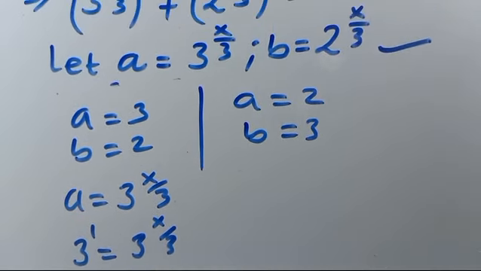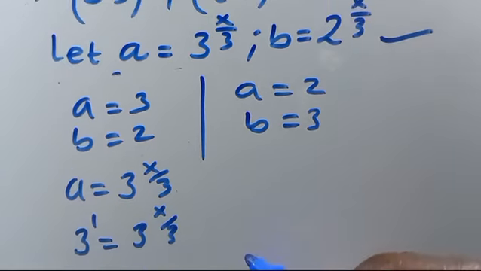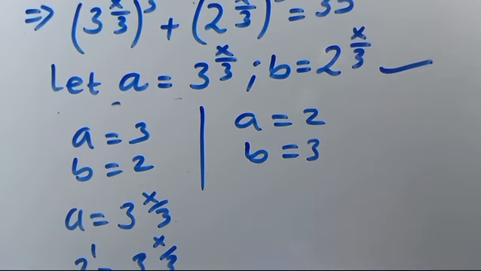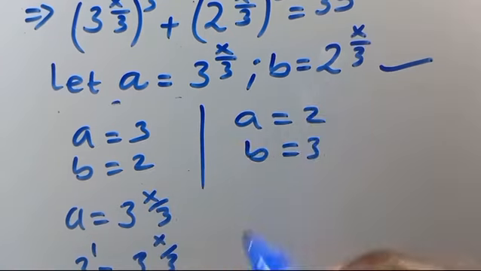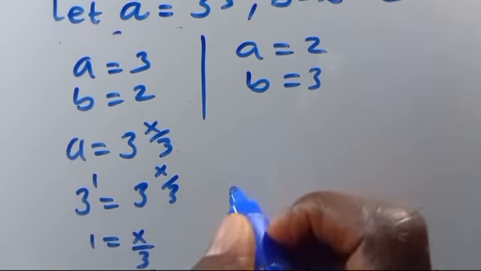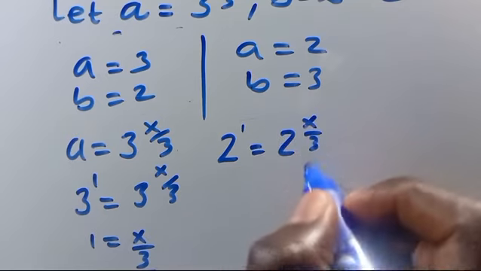Now from here too, when we also have b to be equals 2, so we are going to have 2 to the power of 1 equals 2 to the power of x over 3.